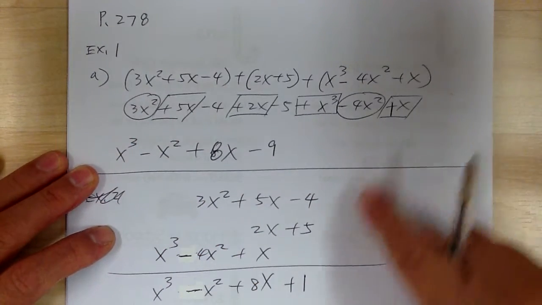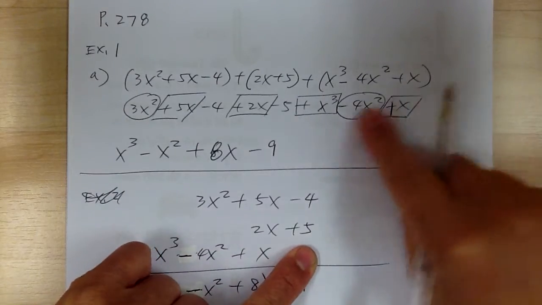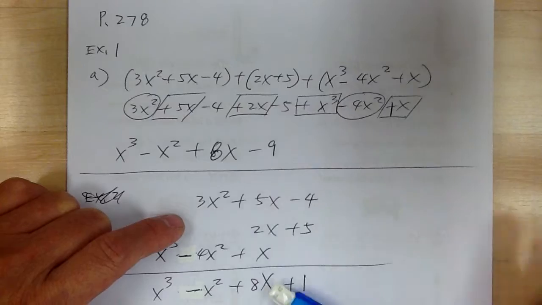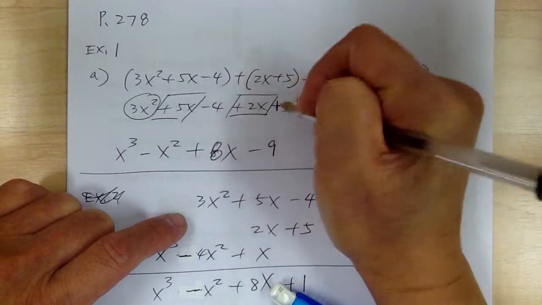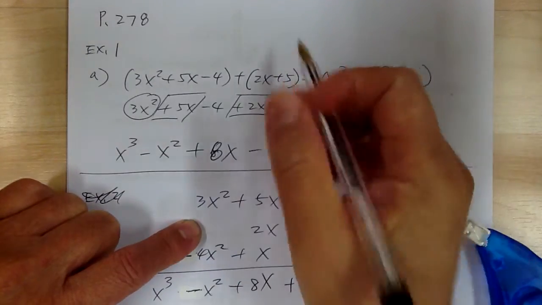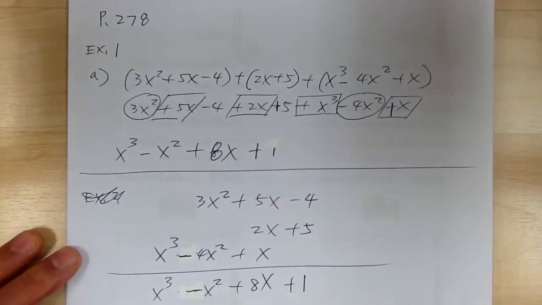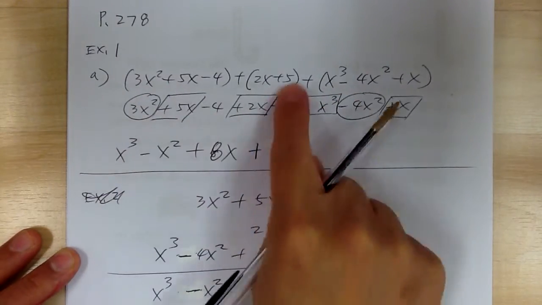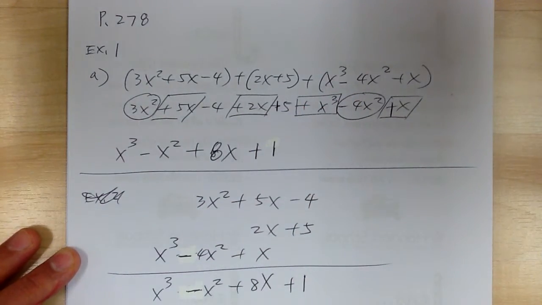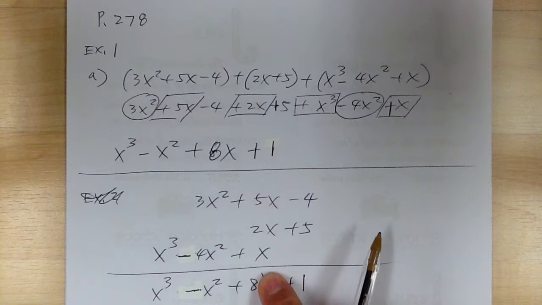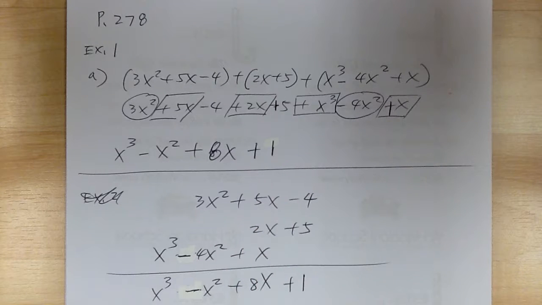Something's wrong, I copied wrong. This one's supposed to be a plus. So you have to be careful when you write. When you copy, watch how you copy things. It's very easy to make mistakes because there are so many terms. So just be careful. This is how you add horizontally, and that's how you add vertically.